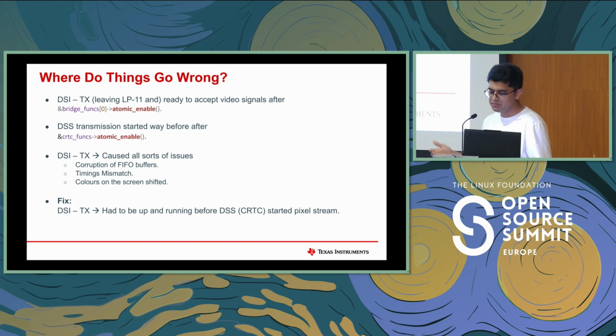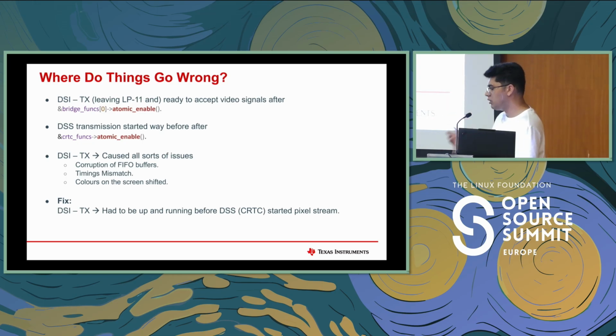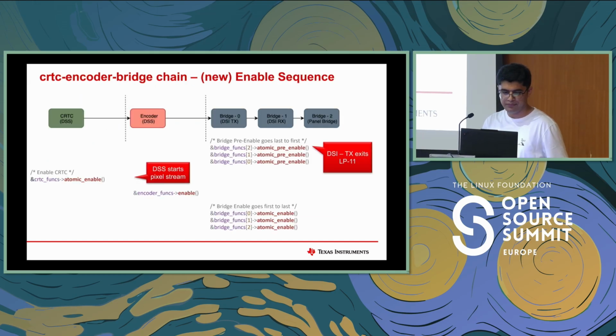The timings were getting mismatched, and eventually the output on the DSI display panel, the colors would get all wonky and shifted. So the fix, well, it sounded simple, was to switch the sequence so that the DSS would start its pixel stream a little after the DSI was made ready to accept the video signals.